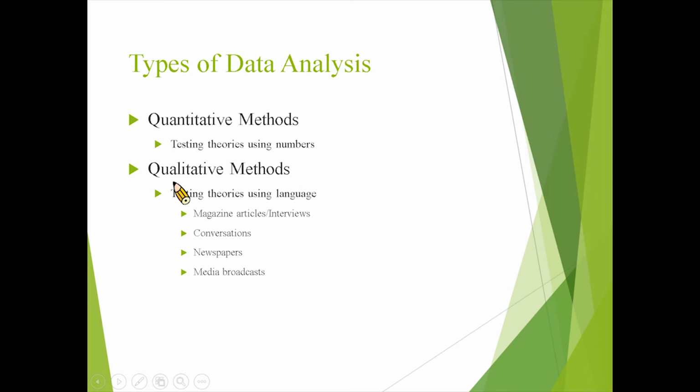With qualitative, you will do interviews, like face-to-face interviews, and collect qualitative data, and write down the sentences, like magazine articles, interviews, conversations, newspapers, media broadcasts. This kind of data you will collect.